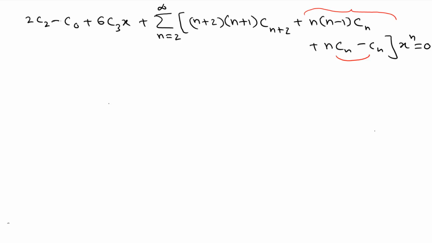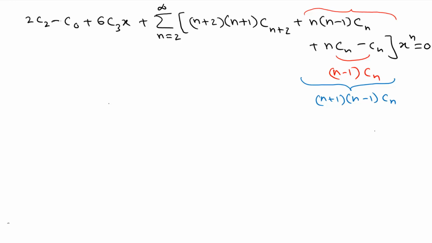Once you combine the first two, you can see this is (n minus 1)cn. Now we take n minus 1 from the last two, so all of these last three you can write as (n plus 1)(n minus 1)cn.